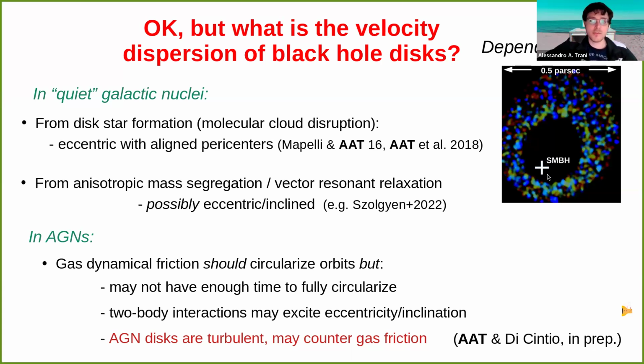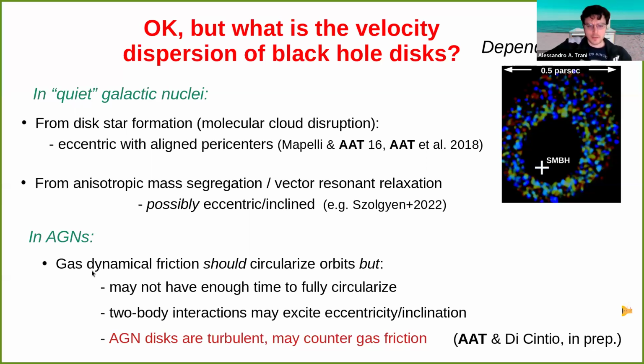So there is a supermassive black hole, but there is not an AGN disk. For example, if a molecular cloud falls around the supermassive black hole, it will form a disk that looks a bit like this. So you have eccentric orbits, but they also have aligned pericenters.